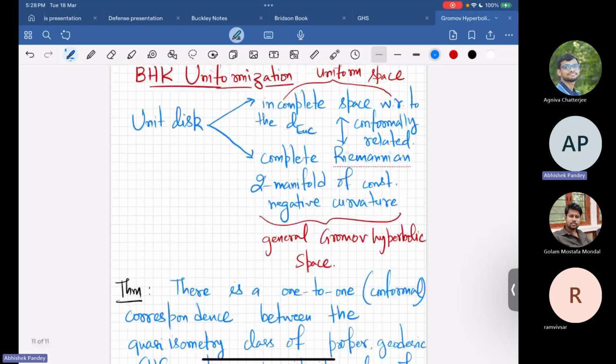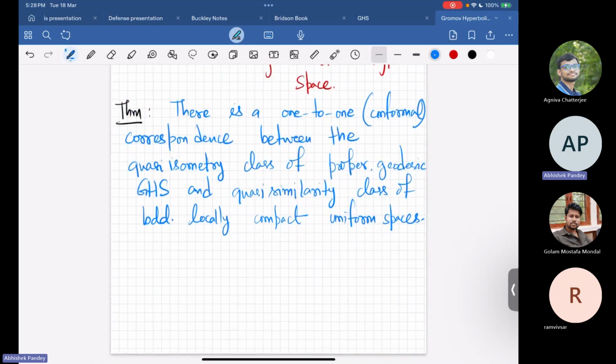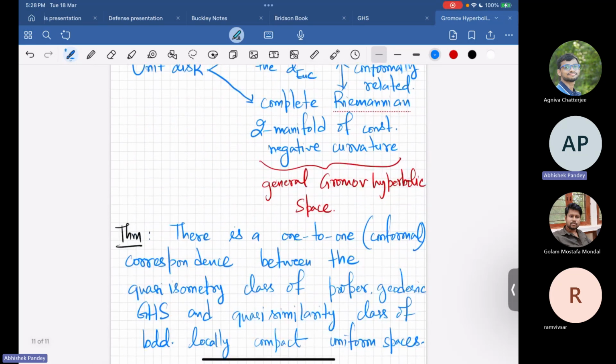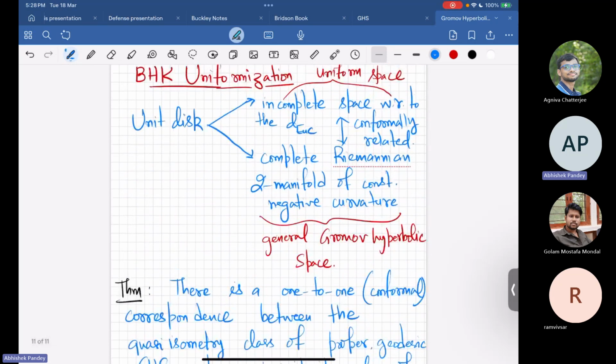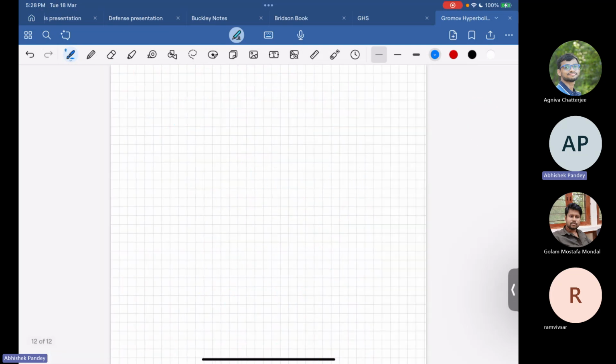This is the main theorem. What is the procedure to get to this theorem? I hope the idea is clear: by the uniformization we are going to conformally deform a Gromov hyperbolic space into a uniform space.